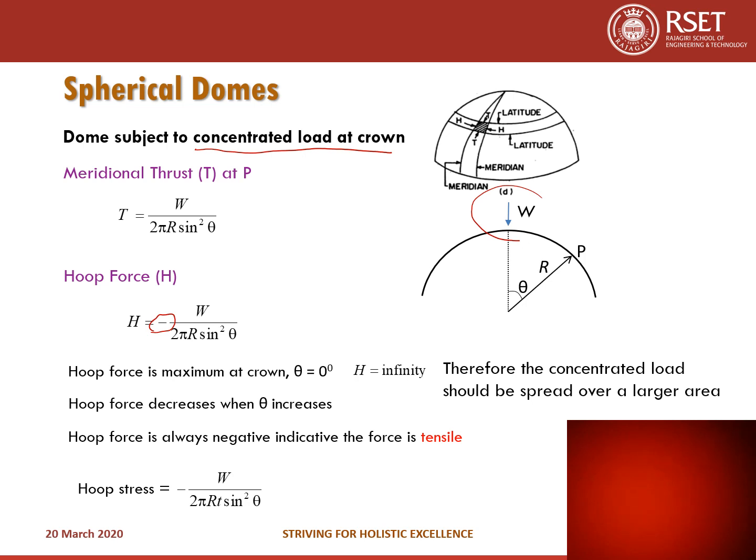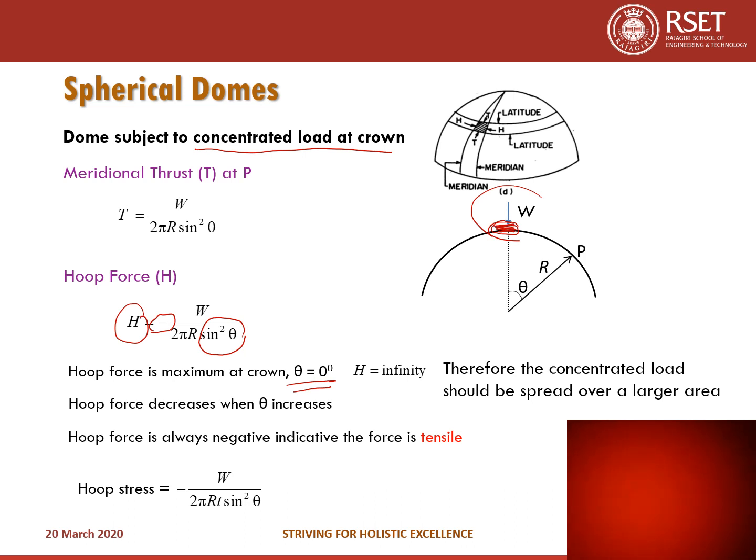The hoop force is maximum at the crown, theta equal to 0. Sine 0 is 0, so the hoop force will be infinity. That means if it is a load at a single point, then the hoop stress will go to infinity. So it is always preferable that your concentrated load should be spread over a larger area.